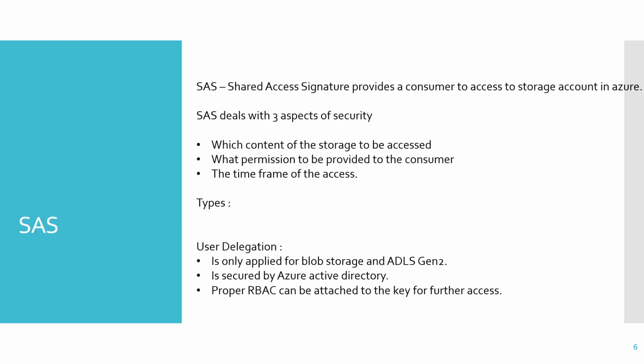User delegation is always secured by Active Directory, because Active Directory is responsible for generating a federated token for the consumer who is going to create a SAS token, and that SAS token gets created by a key, basically a delegation key. Once the consumer has the delegation key, he or she can create a SAS token. And once you have a SAS token, then a proper RBAC role can be attached to do different operations on the storage account.